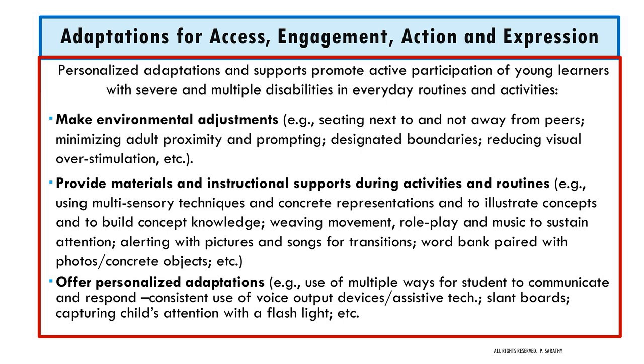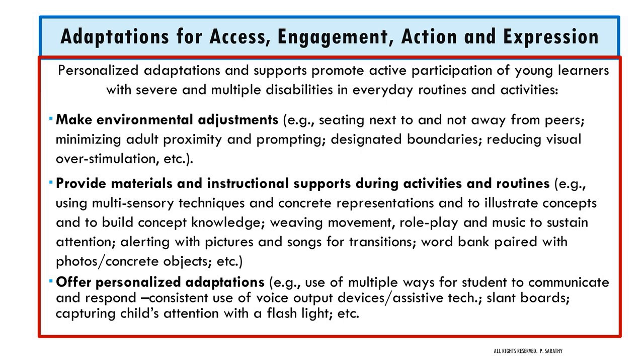It may not happen in your classrooms, but it does happen. So can we make sure that these students with significant needs are sitting next to their peers and not away from their peers? And are we minimizing the adult proximity and the total prompting that sometimes we engage in?